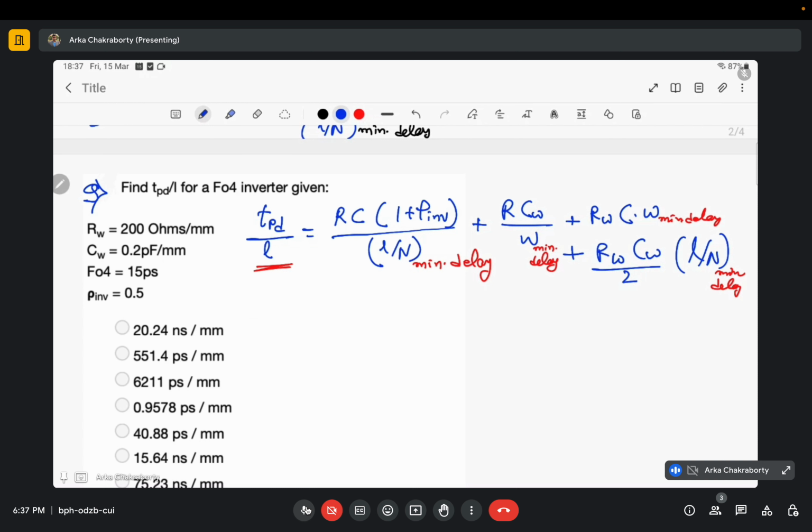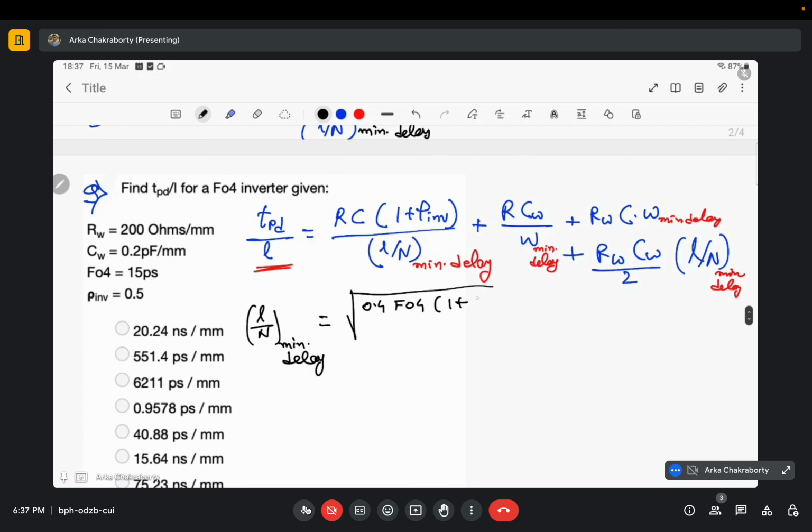And what are the expressions? We note them. L by N for minimum delay is 0.4 fan out of 4, 1 plus rho inverter divided by RW CW.